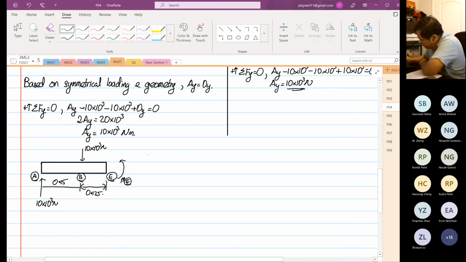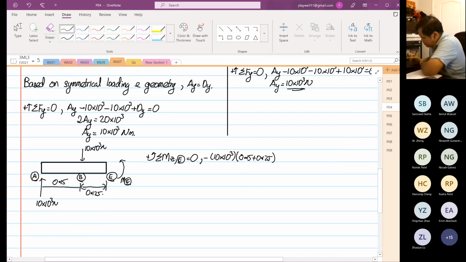Okay, so we're going to do summation of moment in the z direction at point E. The whole thing is equal to 0. Okay. So the first one, at point A, is going in a clockwise direction, so minus 10 times 10 to the power of 3 multiplied by a distance of 0.15 plus 0.125.